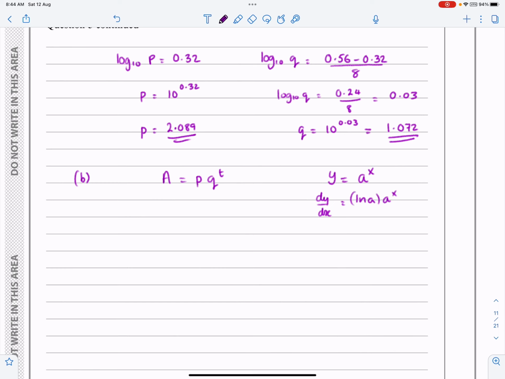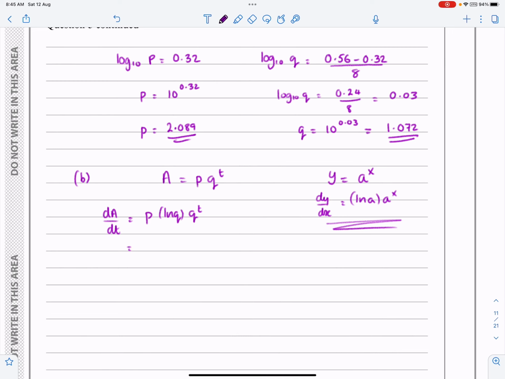That's how we end up with the differential of e to the x is e to the x. But you need to make sure that you've got that in your armory, that you remember that. So here, dA by dt is going to be equal to, p is just a constant, we're going to have log q times q to the t. Okay, so that's the differential of it.